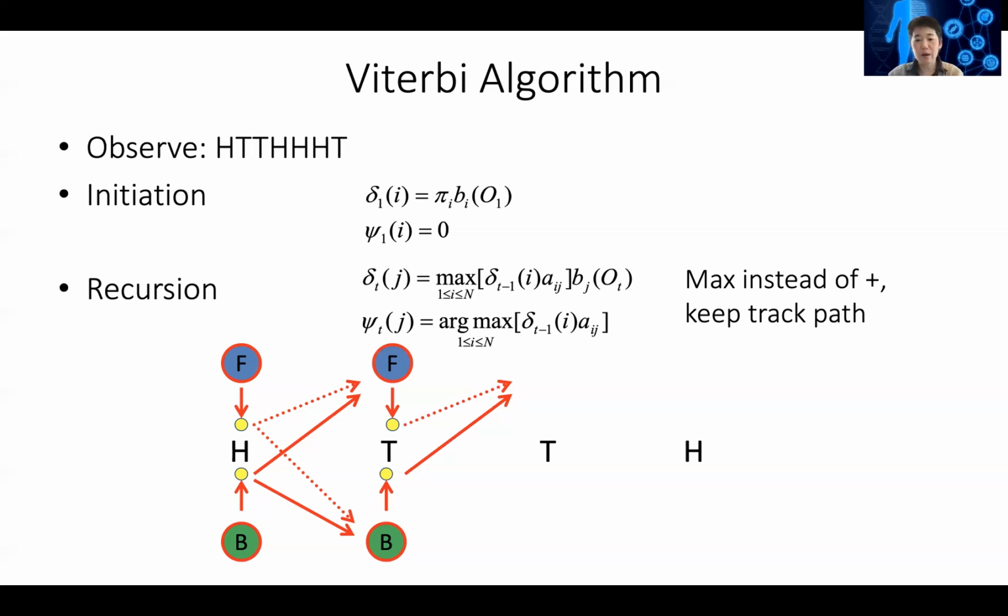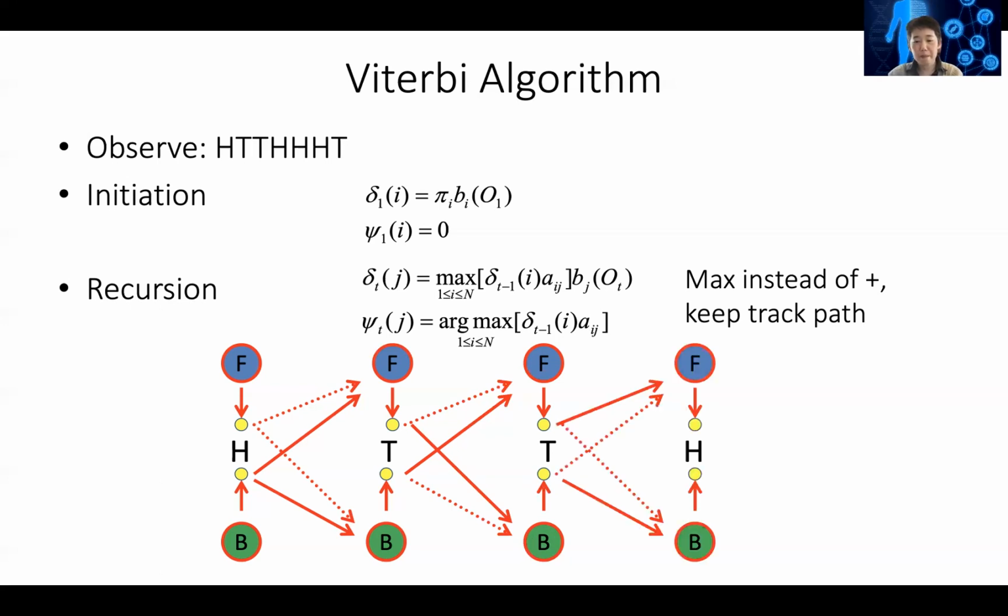And then we know at this point, from the fair coin, we have to emit a tail. We can also calculate the same delta parameter for the bias coin. It could come from a fair coin, or it could come from the bias coin. We pick a winner again, and at this point we emit the tail, and so on.